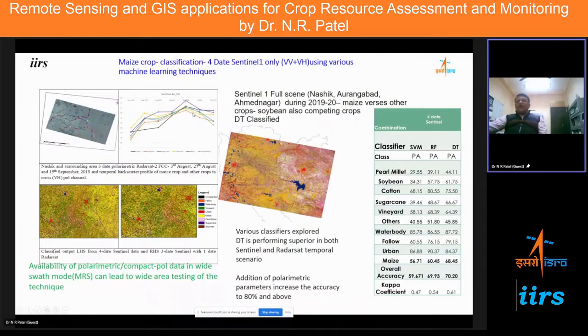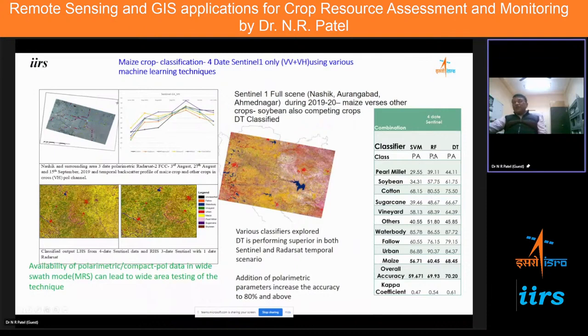Maize and bajra we were able to classify. If you use additional polarimetric data, like dual polarimetry or full polarimetry microwave remote sensing data, which is available, then with fully polarimetric data accuracy goes up beyond 80%.